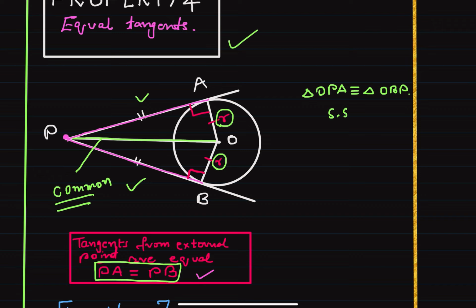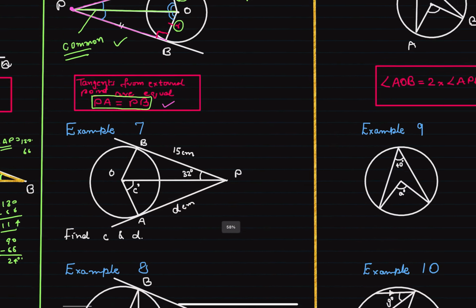So according to the side property that I have discussed earlier, these two triangles should be congruent. That means you should be sure that this angle equals this angle, and this angle equals this angle, right? And this shape PAOB forms a kite, right? So now look at the questions.